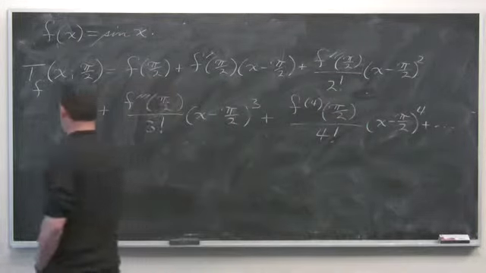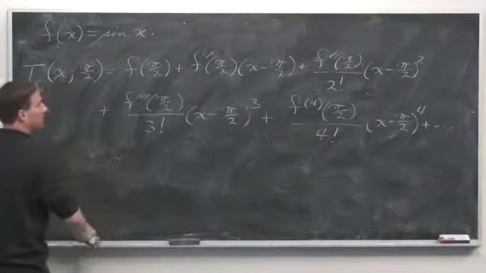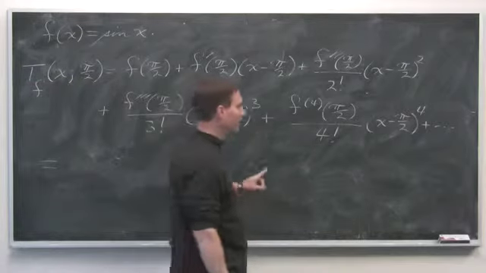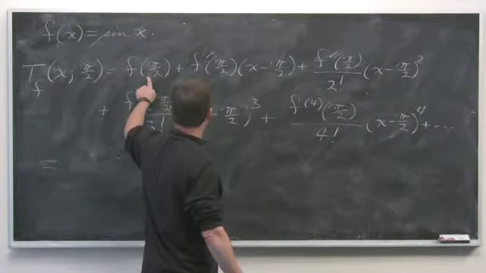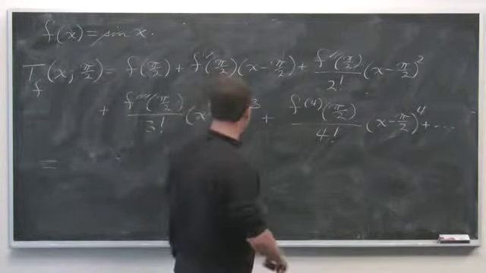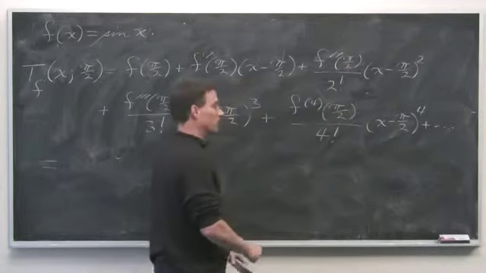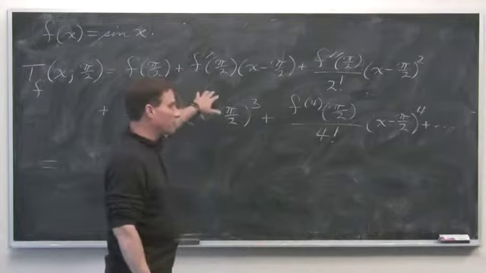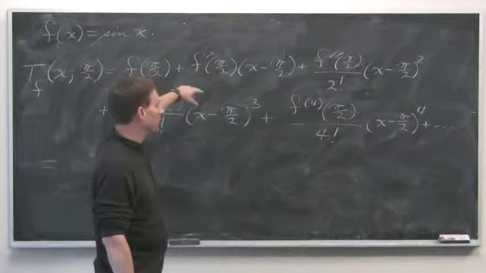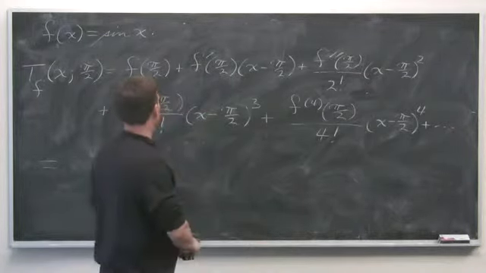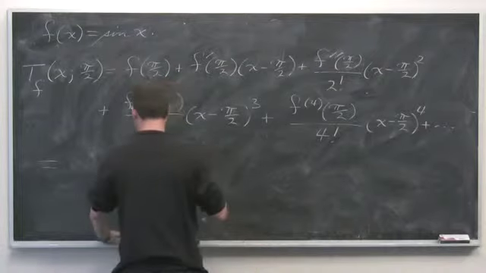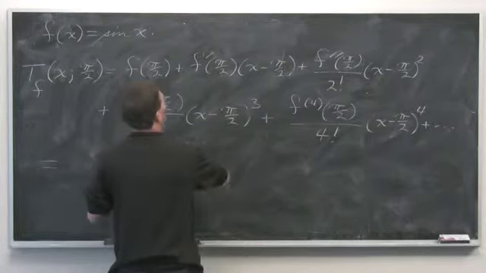What is this? All of the odd powered terms are 0 because all of those odd derivatives, first, third, fifth, are turning out to be 0. So these terms go away.